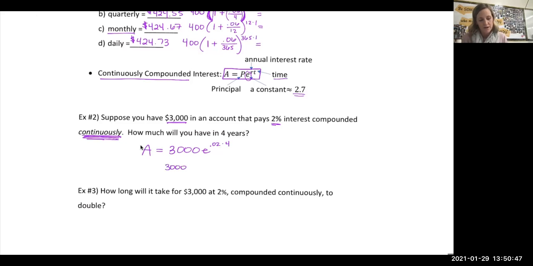So you'll type in 3,000. There's e in 2 different places. It is the second key, so it's always going to be second something. So the blue button and then the LN on the far left of your calculator, or the blue button and the division symbol on your calculator. Now, if you do the LN one, it has the exponent already.